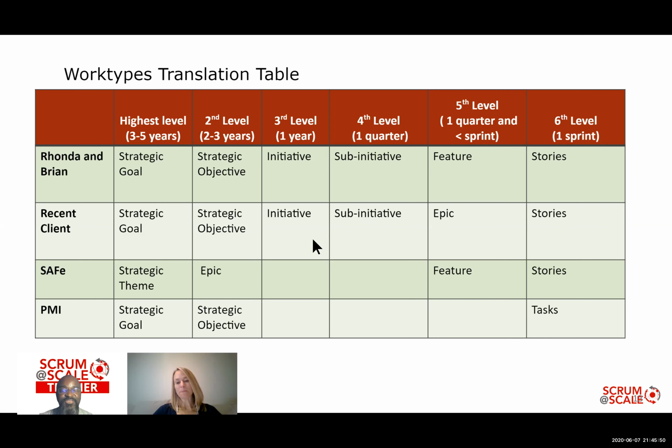But as your organization gets bigger and you're scaling, you scale it by adding in additional levels. And again, always keep in mind that whatever output levels you have of the work types, there's going to be a corresponding outcome level associated in your outcome-based breakdown structure.